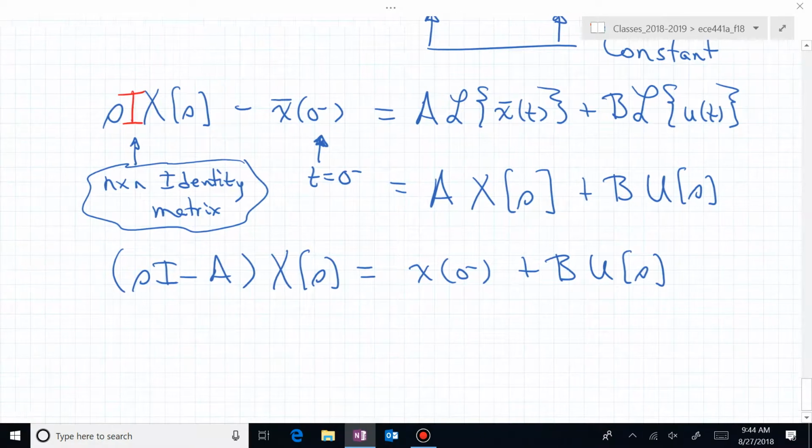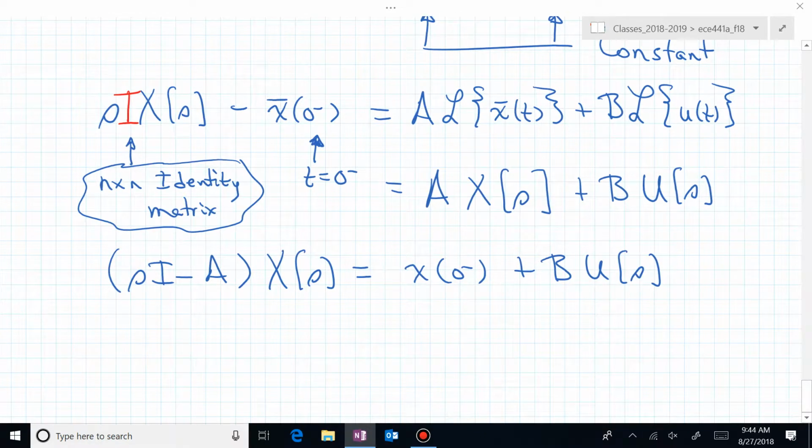We okay with where that came from? And now what can we do? Now we can actually just divide by this matrix SI minus A, or multiply on the left everywhere by SI minus A inverse to clear SI minus A on the left.